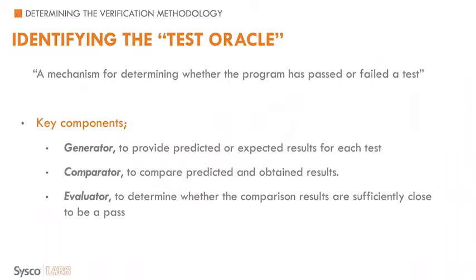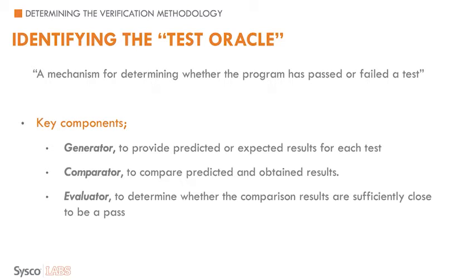So what is a test oracle? It's a mechanism for determining whether your program has passed or failed a test, right? So in simple words, we define certain steps to determine whether the predicted result from your machine learning model is accurate or not.